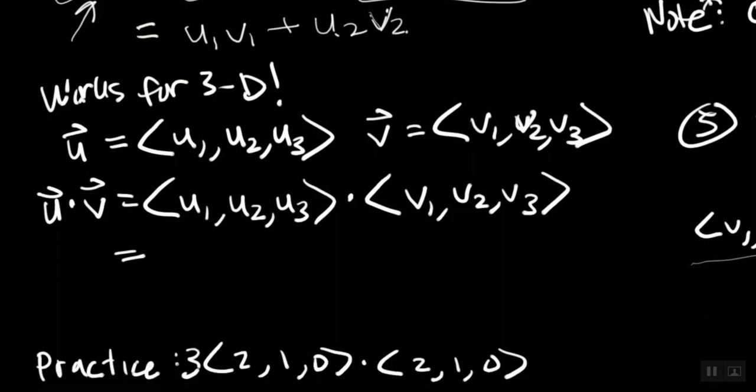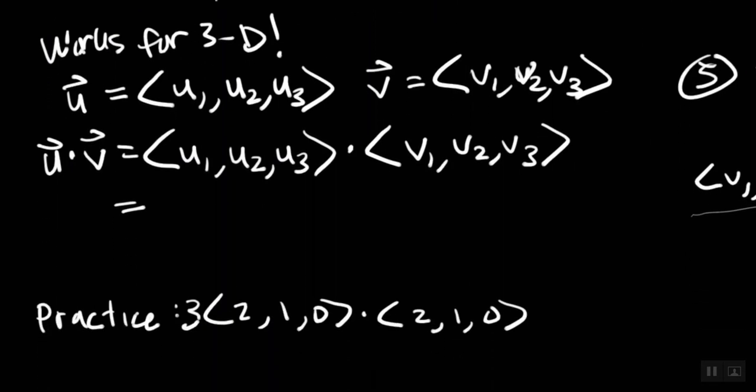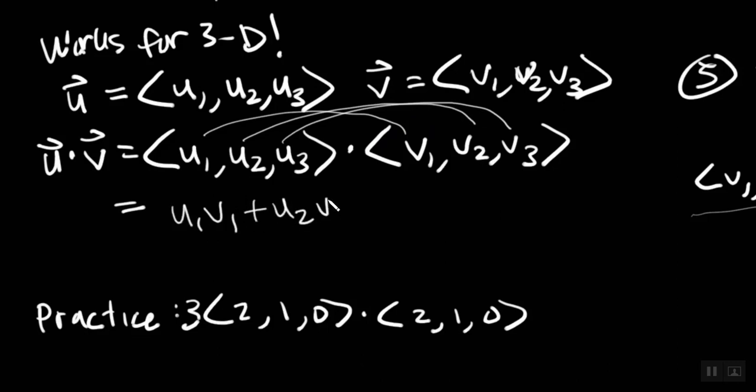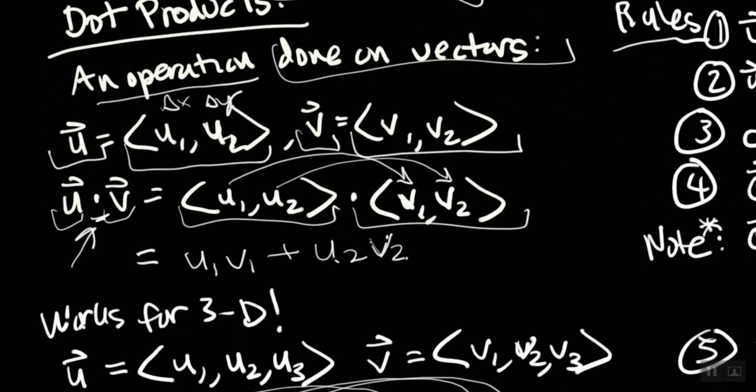Now you can also do this for 3 dimensions as well. Same idea where you're simply multiplying each of the components and taking the sum of them. And you end up getting u1 v1 plus u2 v2 plus u3 v3. Voila!